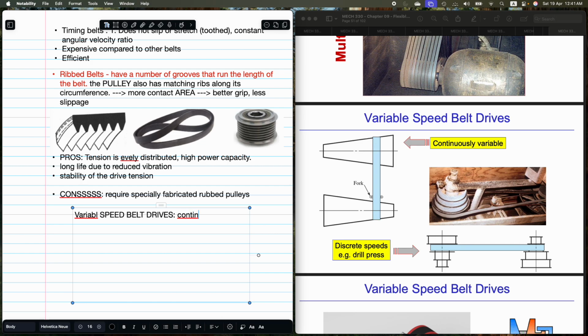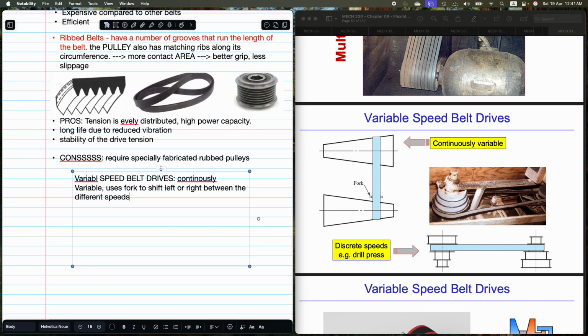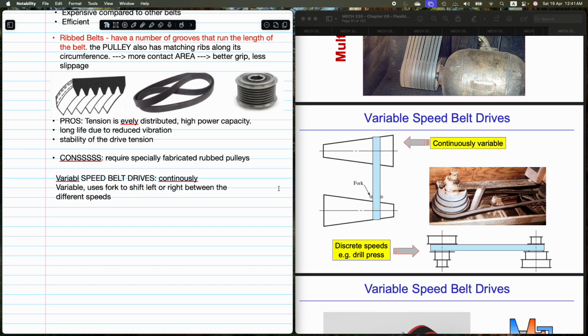It uses a fork to shift left or right between the different speeds, which makes sense. And we're just going to quickly show the picture over here.